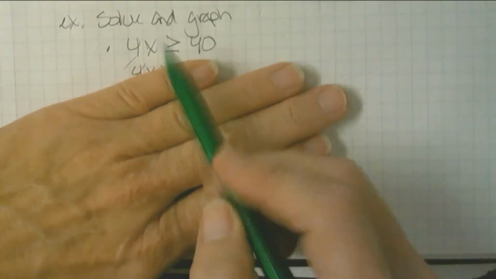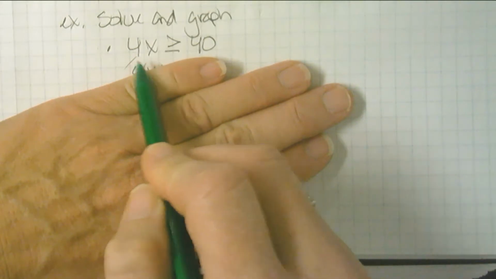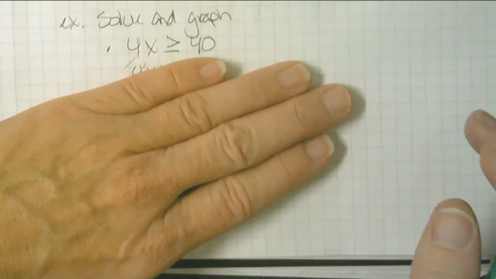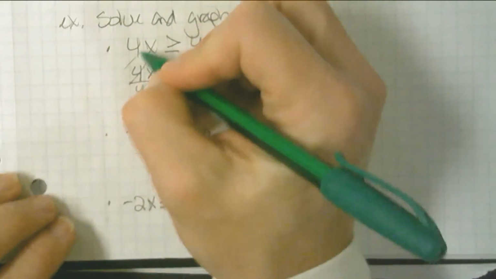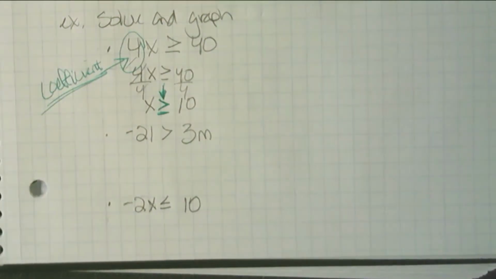So, Angela, look at this. What does this say? 4 times x is greater than or equal to 40. So what is my coefficient? 4. It's the number the variable is being multiplied by there. There is our coefficient.